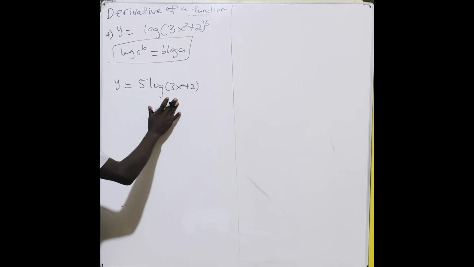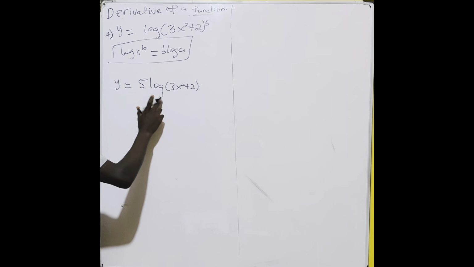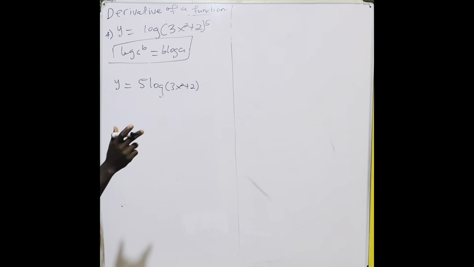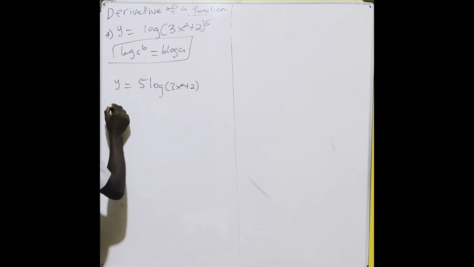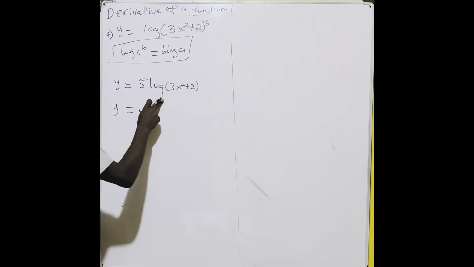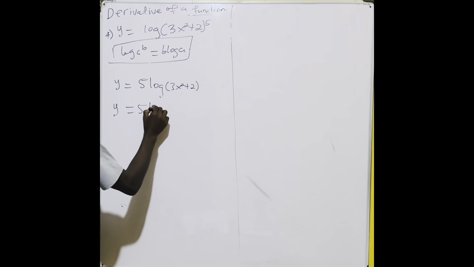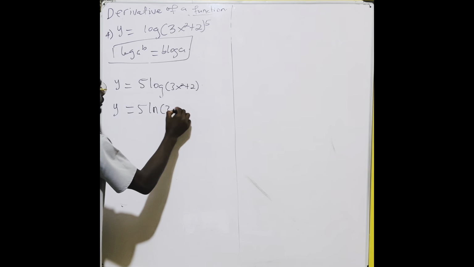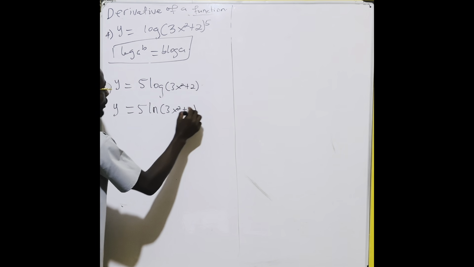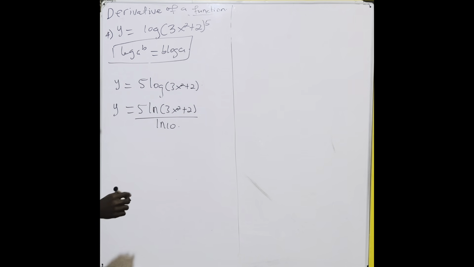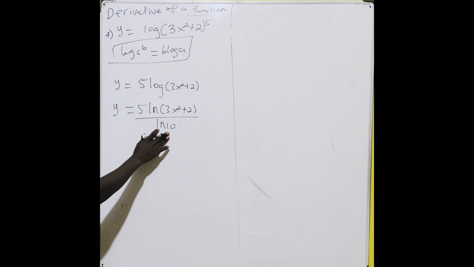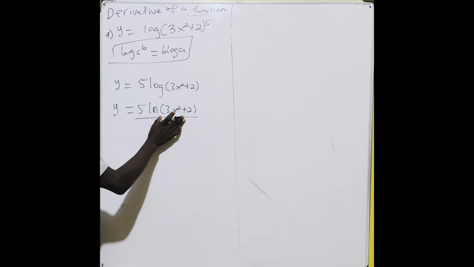Now we want to differentiate this. And before we can differentiate this, we have to change it to what? The natural log form, right? And we know that because this is of base 10, so we have 5 ln into 3x squared plus 2 divided by ln 10, right? So this is what we have. Now we want to differentiate this, right?